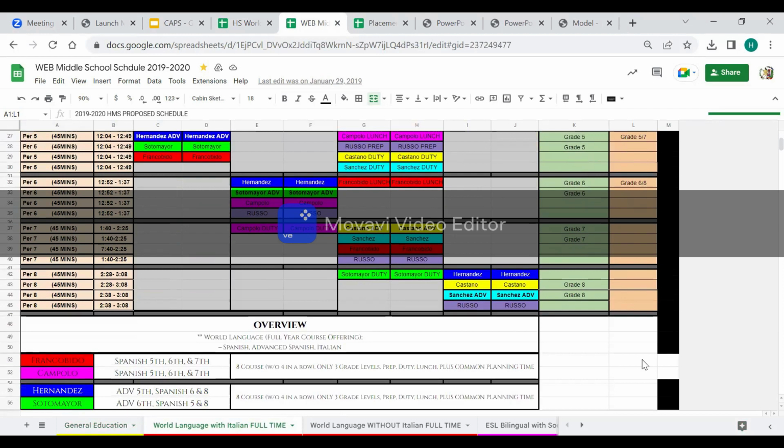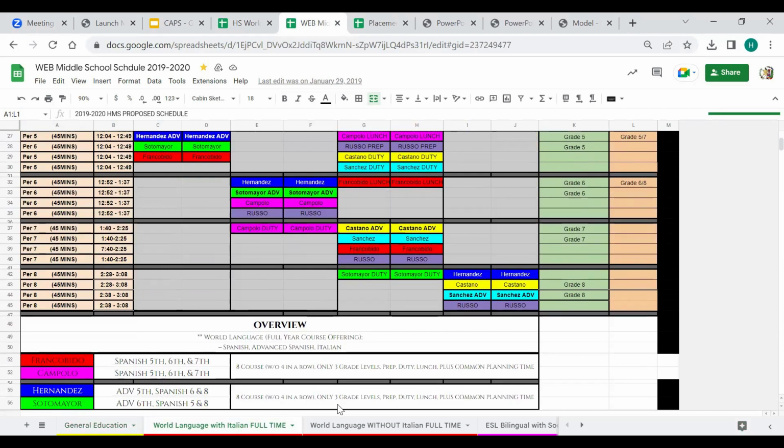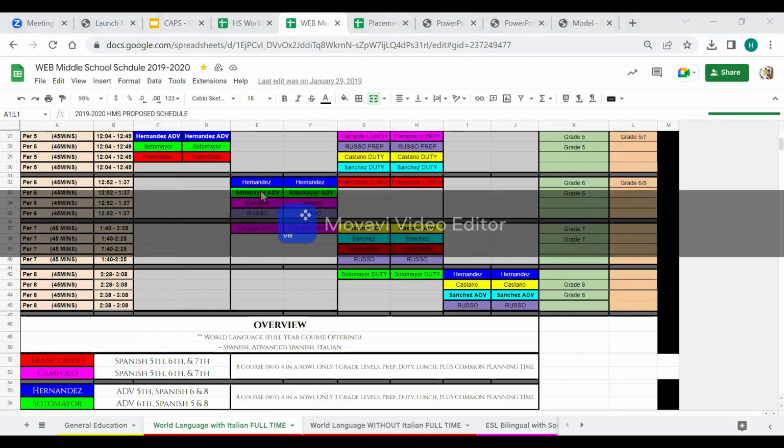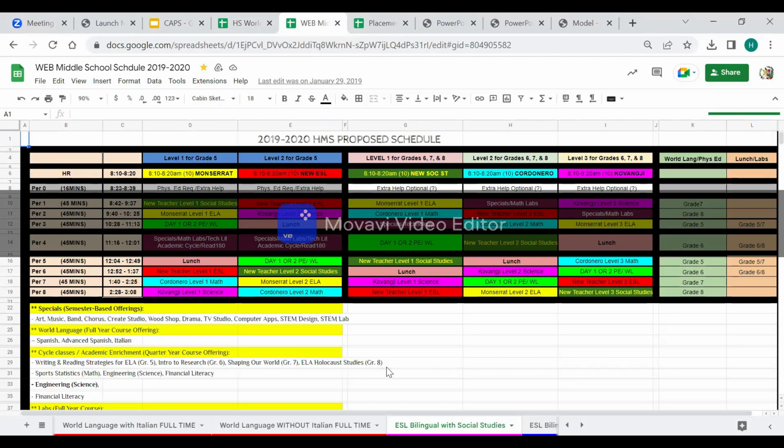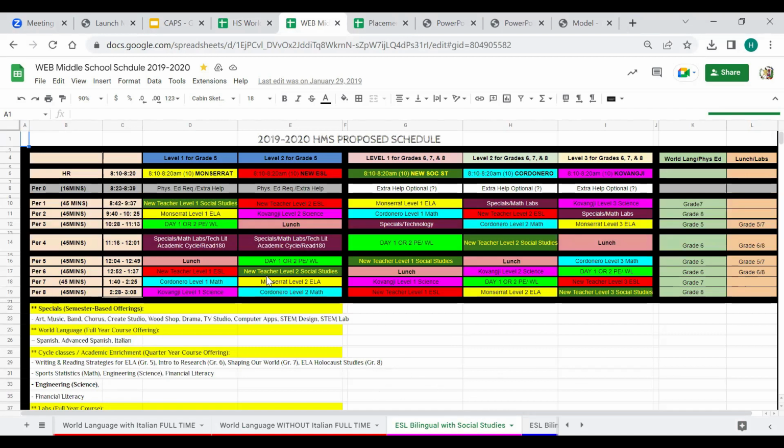We used to have A day and B day in the middle school, so I would make sure I had an A day and B day schedule. Most importantly, ESL bilingual in the middle school with social studies.